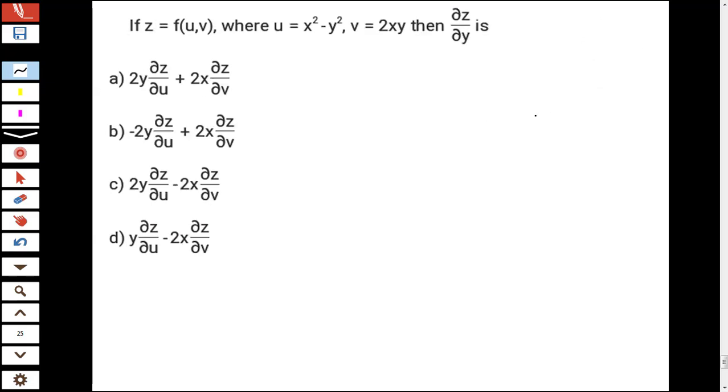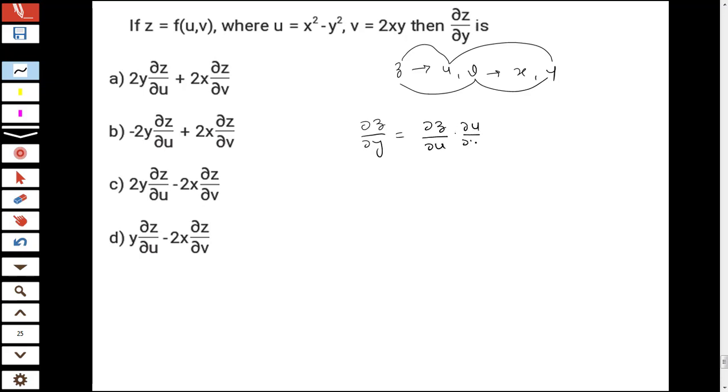Same question we have, now the changes are with v and u. z is in terms of u and v, and u and v are in terms of x and y. So to obtain the derivative of z with respect to x or with respect to y, you have to go through u and v. So here z with respect to u and u with respect to y, z with respect to v and v with respect to y. Addition of these two means del z by del y will be equal to del z by del u into del u by del y plus del z by del v into del v by del y.